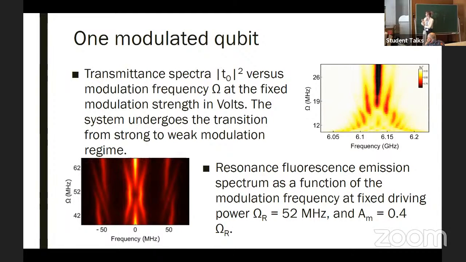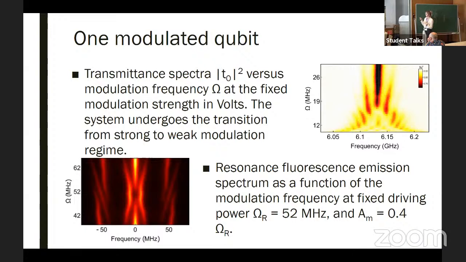So for this, I measured resonant fluorescence emission, basically in the coherent scattering pattern. If you ever heard about the Mollow triplet, it's the most basic measurement to show that you have a quantum two-level system. You apply the drive on your system, and then you see a triplet. You see the main peak, which corresponds to the position of the qubit, and then those sidebands, which are spaced exactly by the Rabi frequency, which is the strength of your drive.